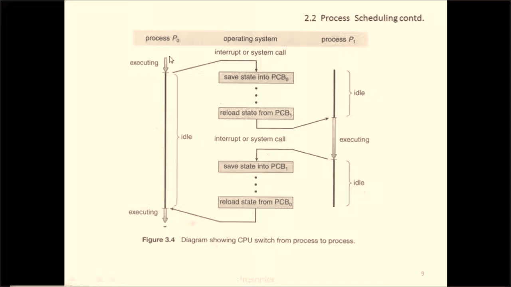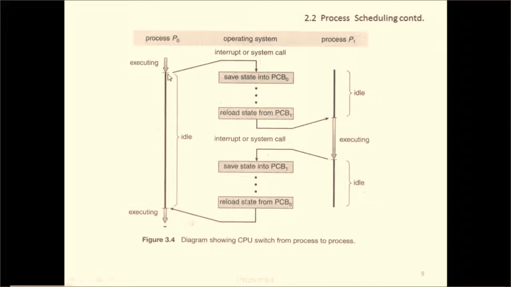Here the P0 process is in the execution state, that is, running. Then after a certain time period, its time slice has completed. So what needs to be done is that process P0 needs to be brought from running to ready, and another process from ready should be scheduled onto the CPU. So another process is transferred from ready to running.